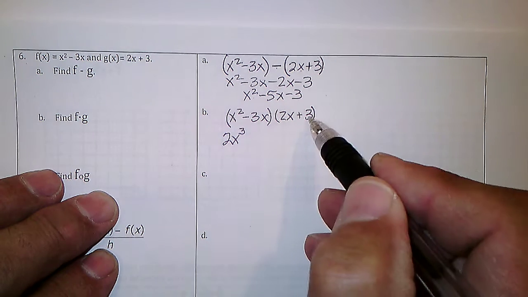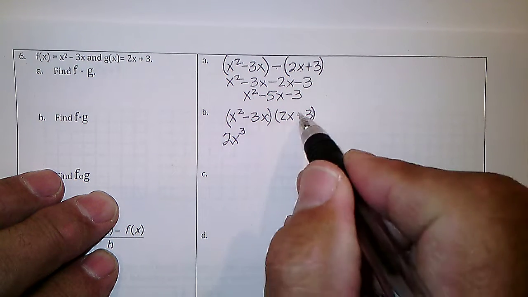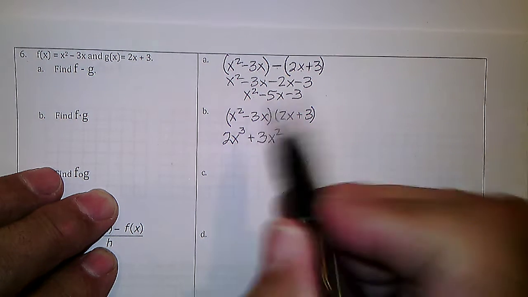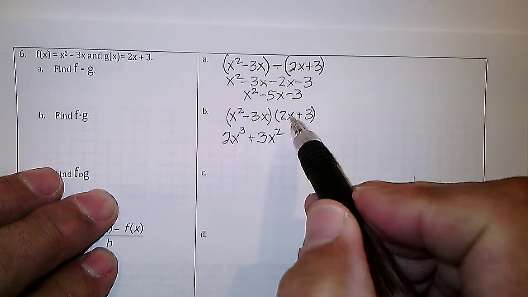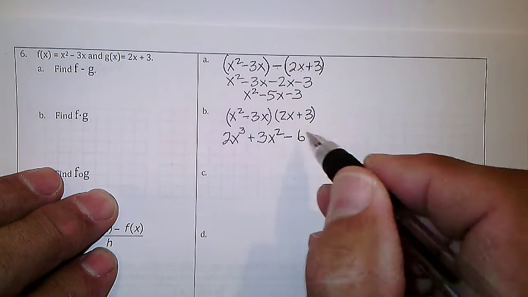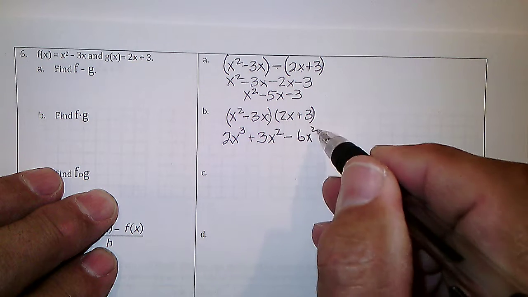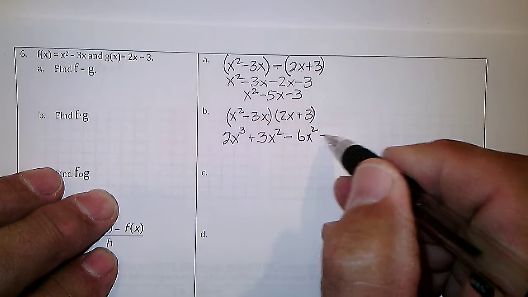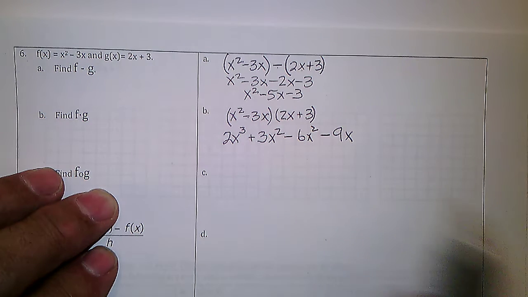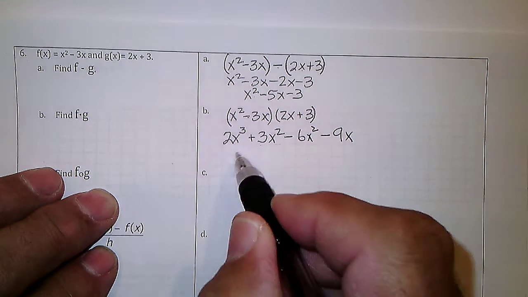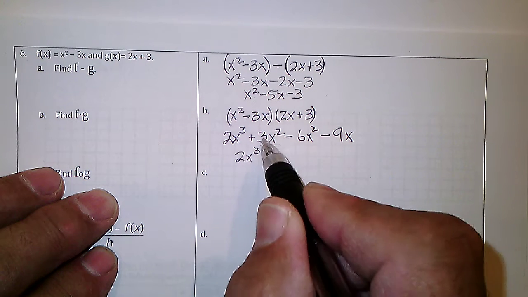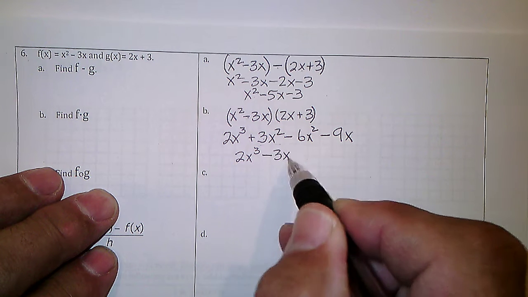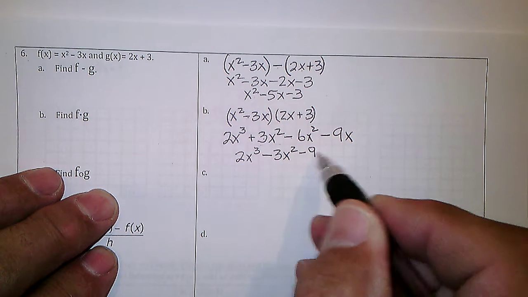Then I got to take x squared times the 3, so that's plus 3x squared. Then I got to take the negative 3x times the 2x, that is negative 6x squared. Then negative 3x times 3, so that's negative 9x. These are like terms, and so I get 2x to the third. 3x squared minus 6x squared is negative 3x squared, minus 9x.